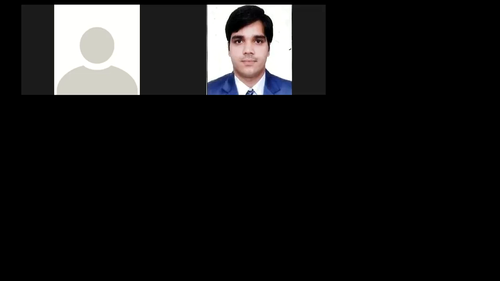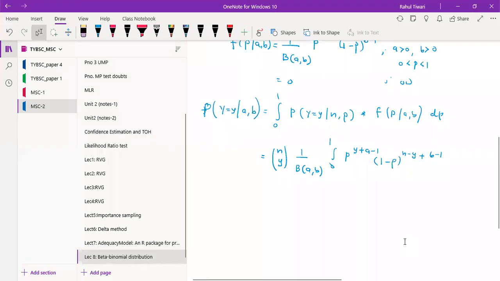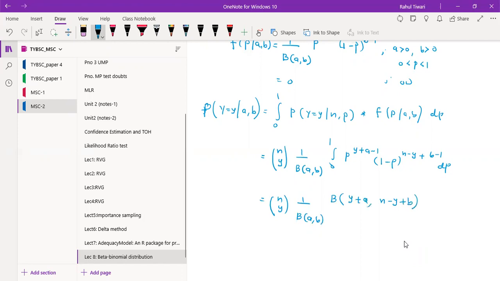I think I just got some technical issue. Okay. So with this, you can get the distribution: 1 upon beta(a, b), and this is your beta(y plus a, n minus y plus b).